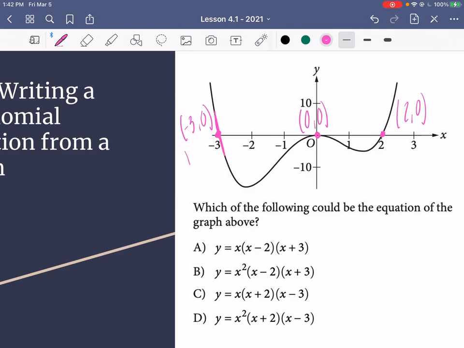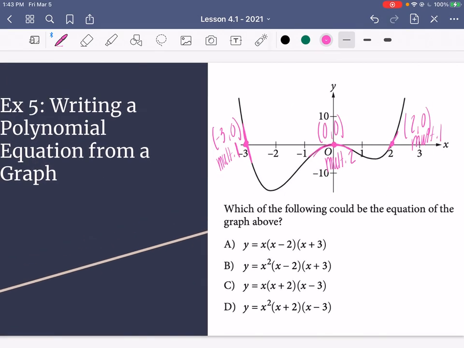So this one crosses straight through. So you'd assume, okay, the minimum is a multiplicity of 1. This one bounces, so the minimum multiplicity would be a 2. If it is a multiplicity of 4 or 6 or 8, it's also going to bounce though. So any higher even number could be that multiplicity. So that's why we say, again, the minimum. And this one crosses straight through, so it's at least a multiplicity of 1.